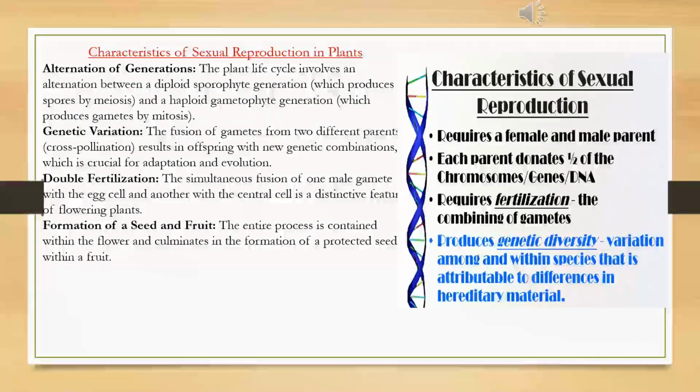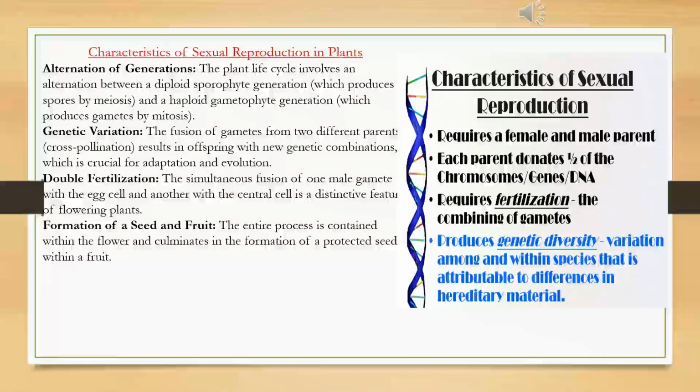Now, the next one is genetic variation. The fusion of gametes from two different parents, meaning cross-pollination, results in offspring with new genetic combinations, which is crucial for adaptation and evolution.